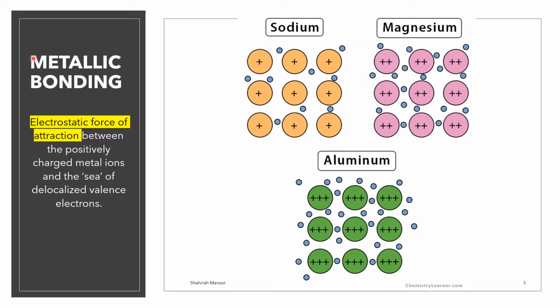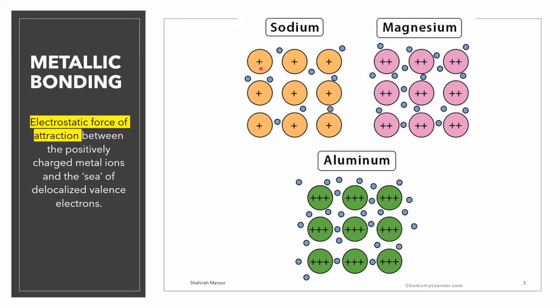Okay, kerana apa? Kerana metallic bonding adalah electrostatic force of attraction between positively charged metal ions, iaitu cation, dengan sea of delocalized valence electron.